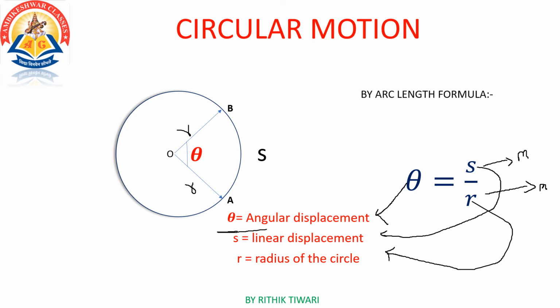So the SI unit of theta is radian. You can write somewhere that the SI unit of your angular displacement is radian. So this was all about circular motion.